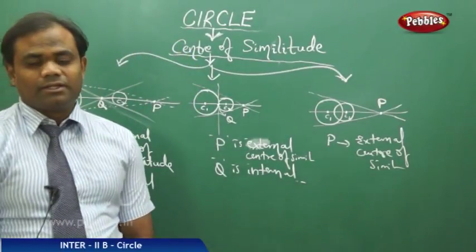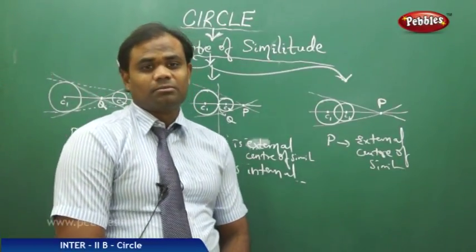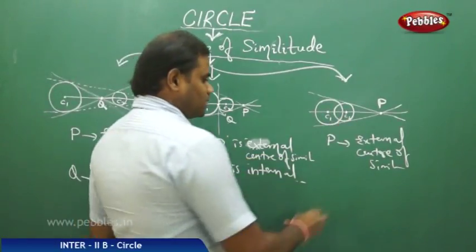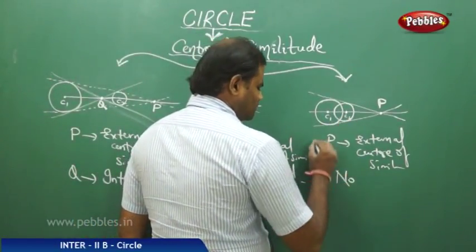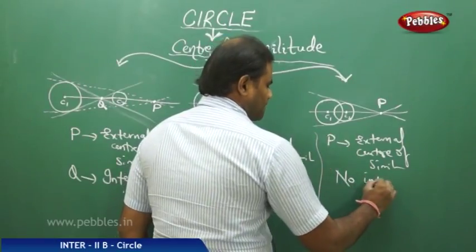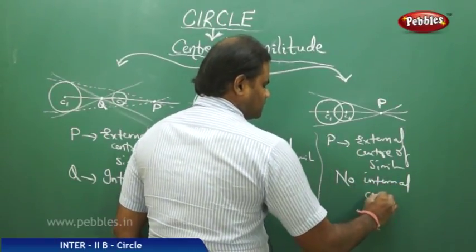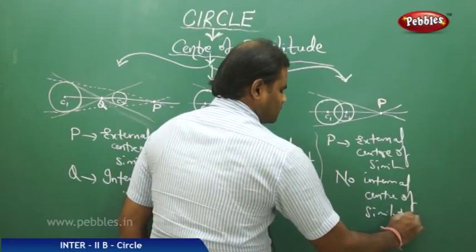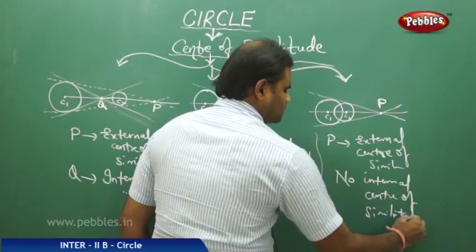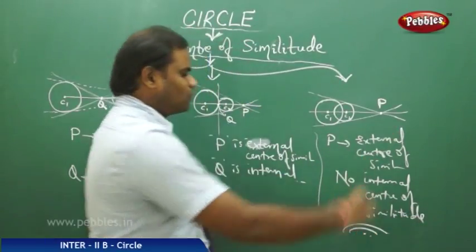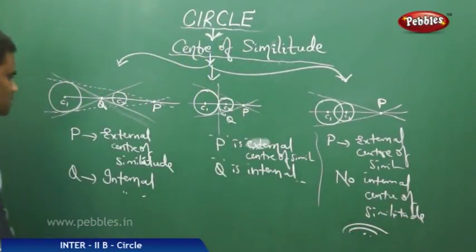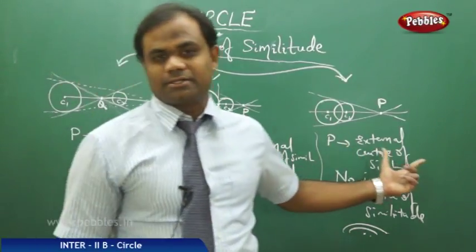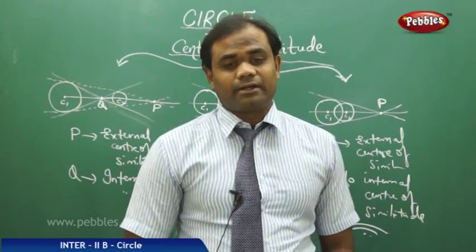But in this case, there is no internal center of similitude because no tangents intersect between the centers of the circles. Therefore, no internal center of similitude. This is how we understand the three cases of disjoint circles, touching circles, and intersecting circles through the center of similitude.